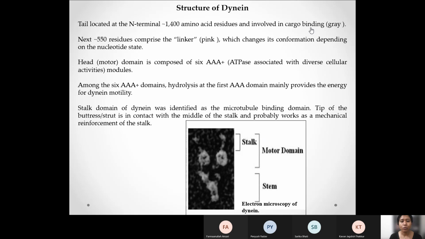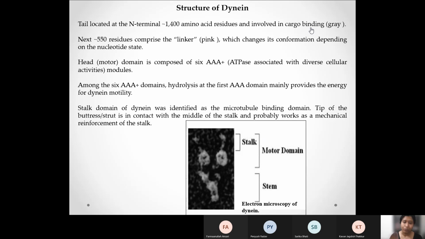The simple way is to mutate. You start mutating the ATP binding residues on each of these, and you see what effect it has on the functioning of the dynein. When they did such a study, it turned out that AAA1 is the main site for ATP binding and hydrolysis. If you mutate that, then you kill the dynein function.